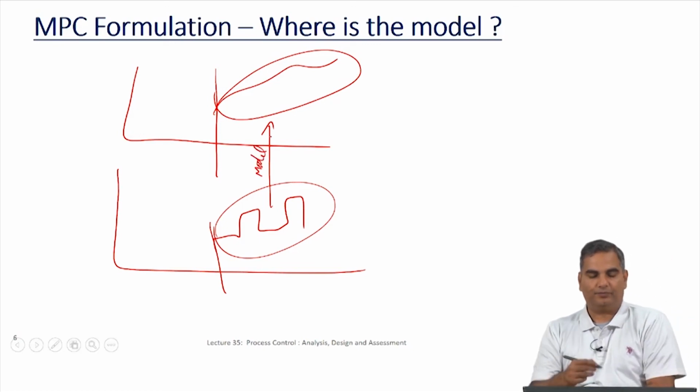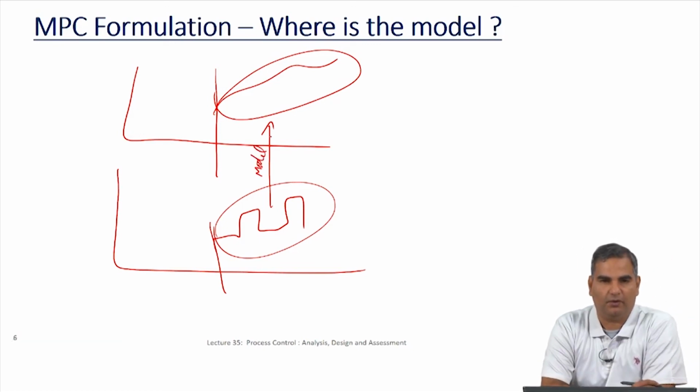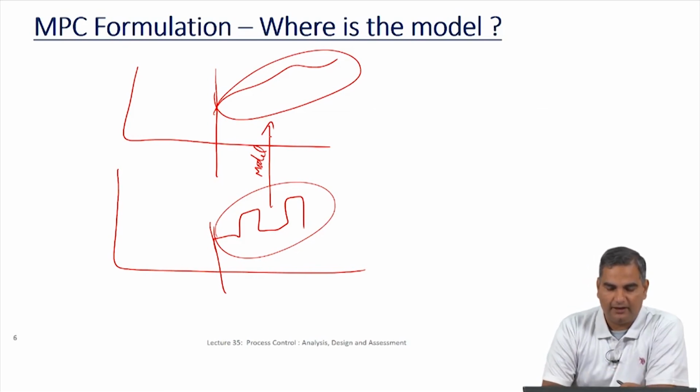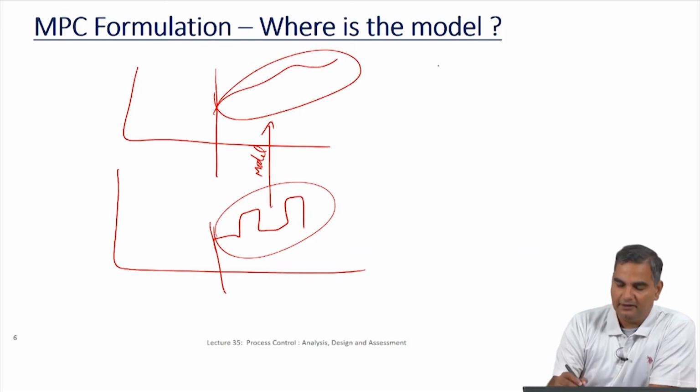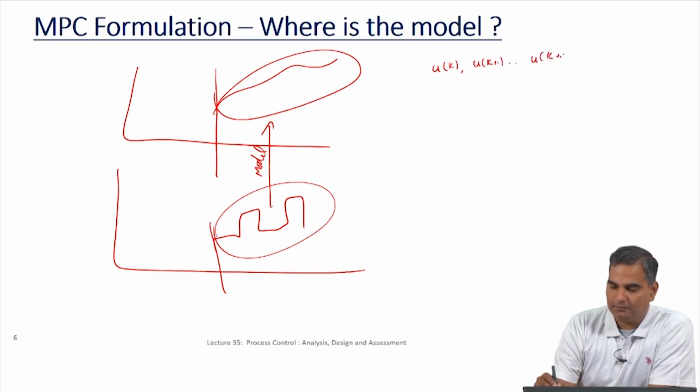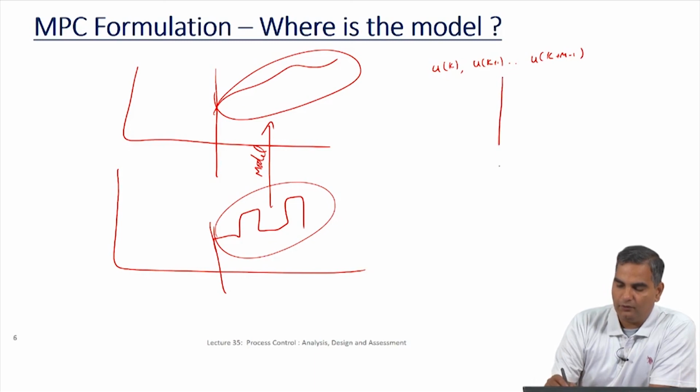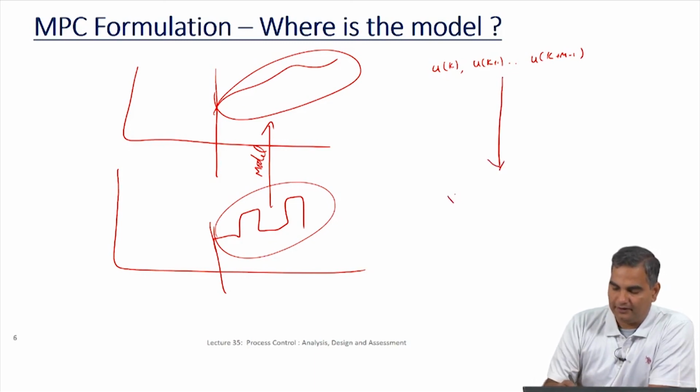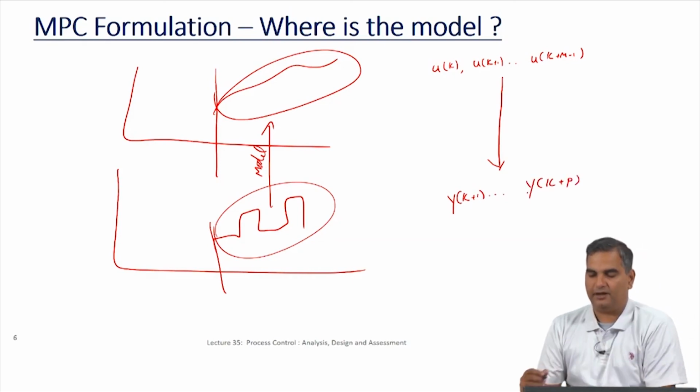Okay. Now, in many cases we have looked at models which are continuous models, but in this case what we are interested in is the move plan that I am thinking about, uk plus 1 all the way up to uk plus m minus 1. I want to know how these are going to affect yk plus 1 all the way up to yk plus p. So, these are future outputs that I am expecting.